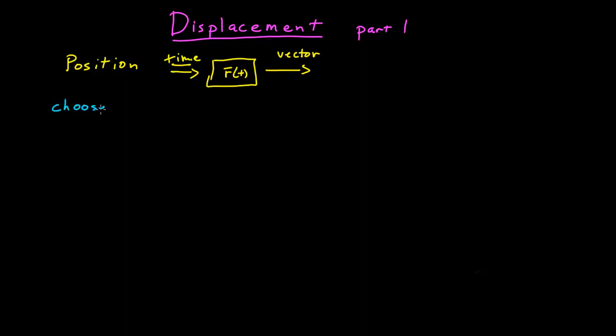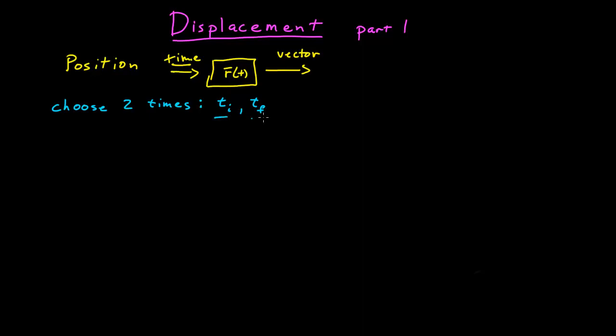Now, I want to do something specific. I want to choose two specific times, and I'll call them my initial time, which my notation is t sub i, and my final time, which I'll identify with notation t sub f.